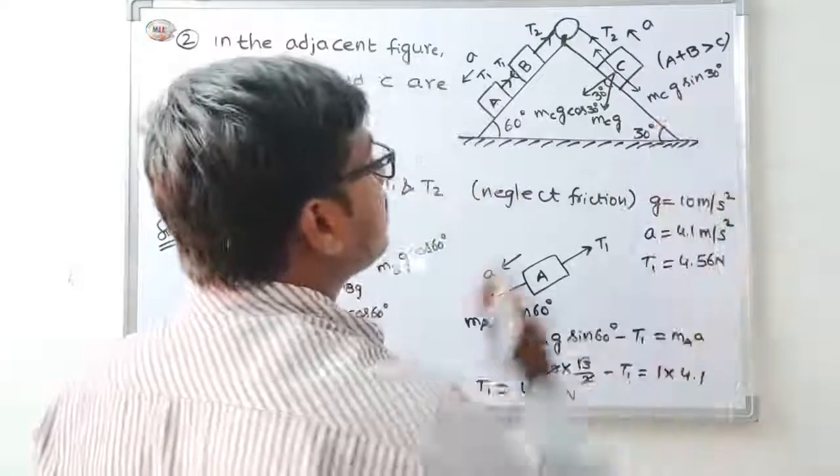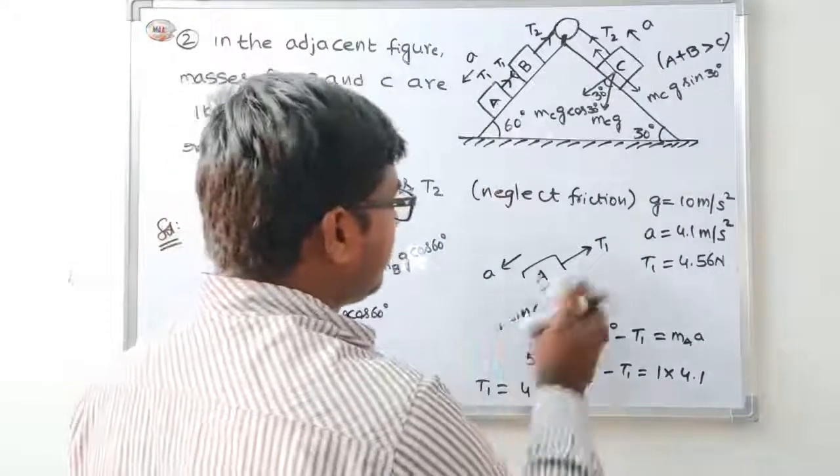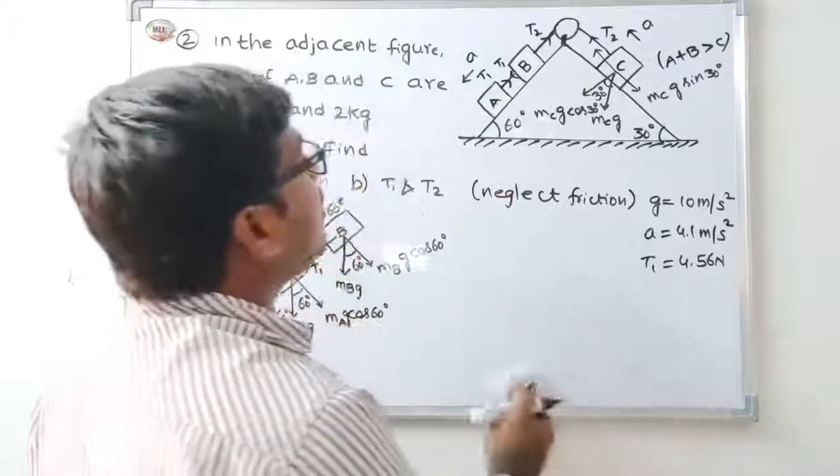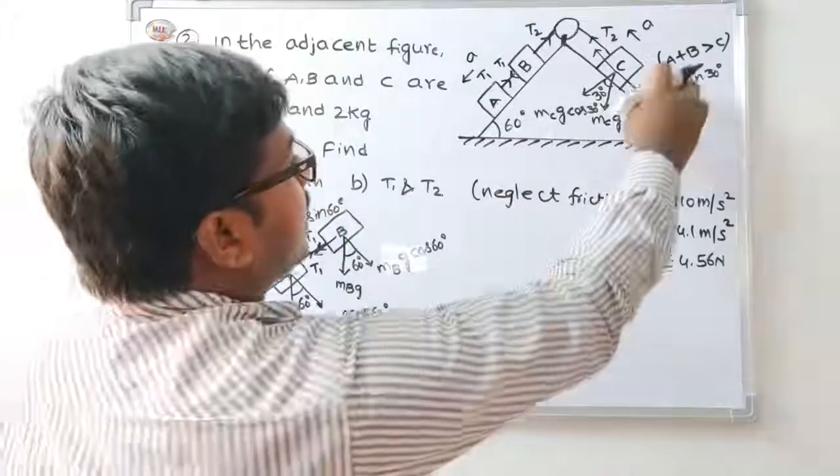Next, T2 find out. The T2 acting between B and C blocks. Okay, I take C block.